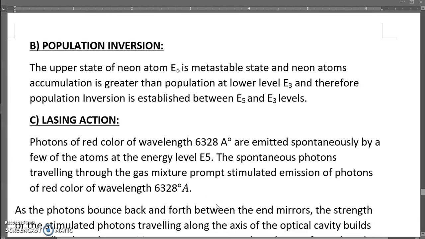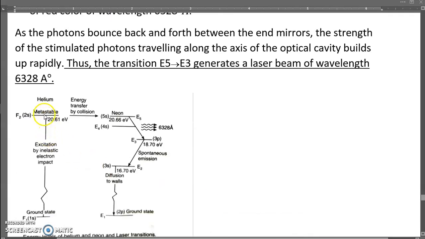So we can see here in the diagram, this is the metastable state of helium, whereas this is the neon atoms. Now this is the ground state. So now it cannot come back to its ground state unless it gives energy to the neon atoms by collision. In this way, the helium atoms help the neon atoms to get excited.